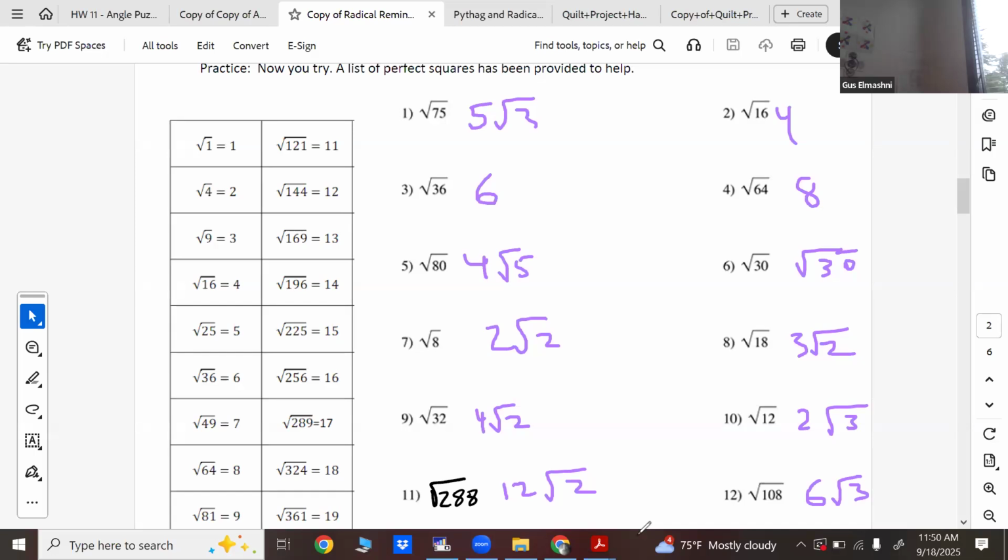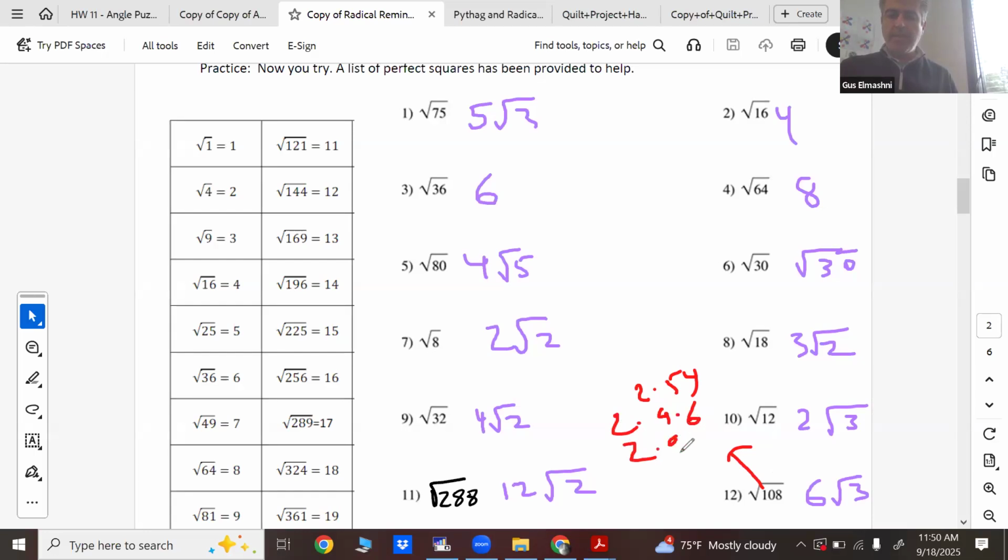Lastly, not super easy, but 108, you break apart into 2 and 54. 54, you break apart into 2 and 27. So the way I sometimes deal with ones that are a little more challenging, like root 108, I tell myself, well, that's 2 and 54. That's 2, maybe 9 and 6.